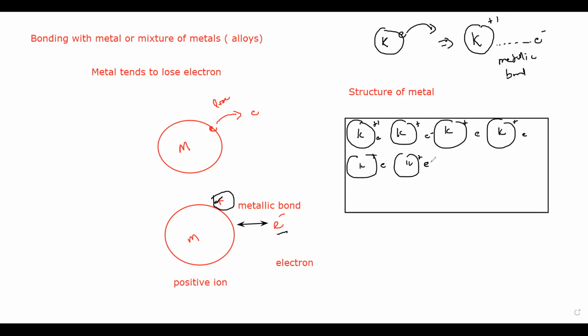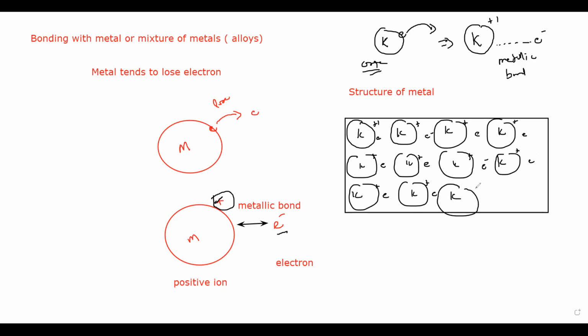So there will be a lot of potassium ions and the electron within the structure, because this is what happened for one. But you don't have one atom, you will have millions or trillions of atoms. So potassium ion will attract the electron, and there will be lot of potassium ion and electron in the structure.